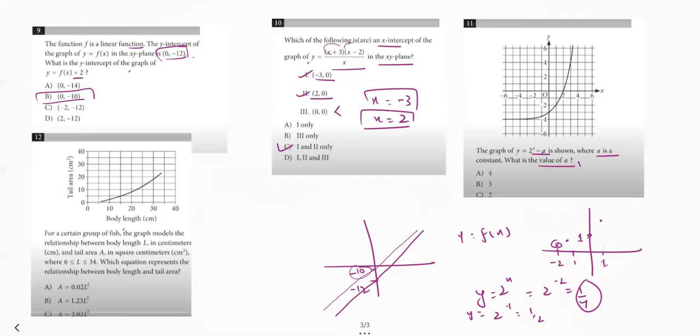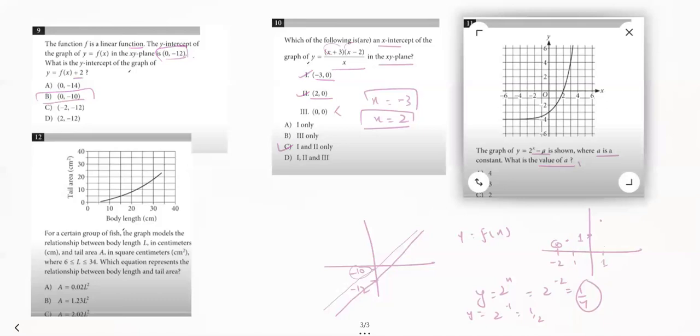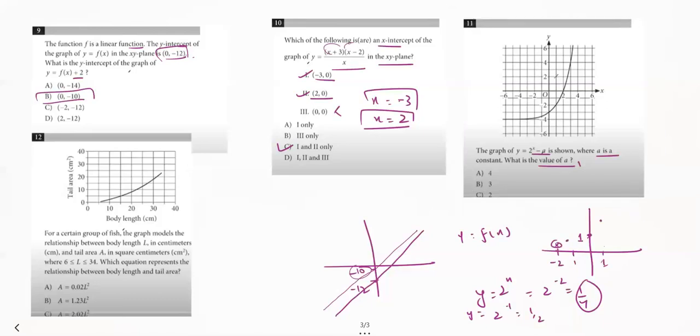So over here it would be 2, and this is 1. So if I draw this graph, it's going somewhat like this. Now this is 1.